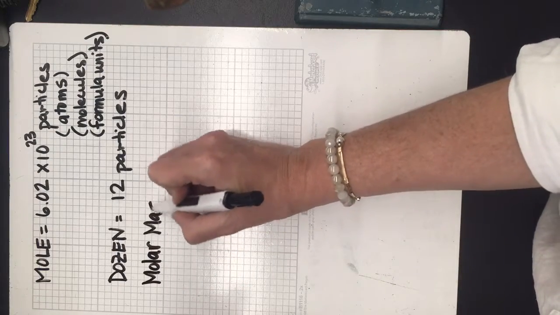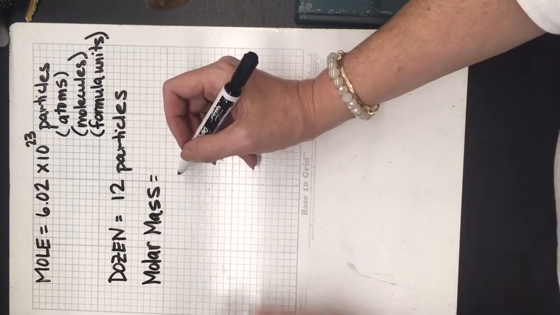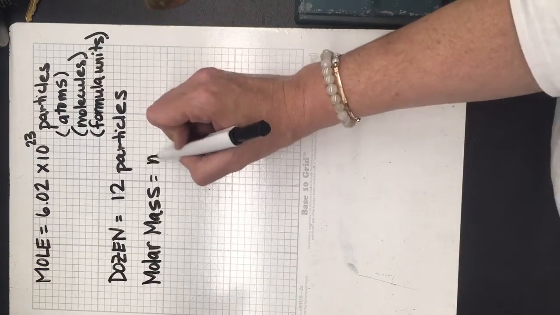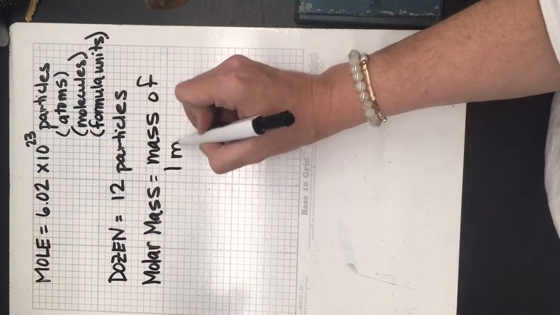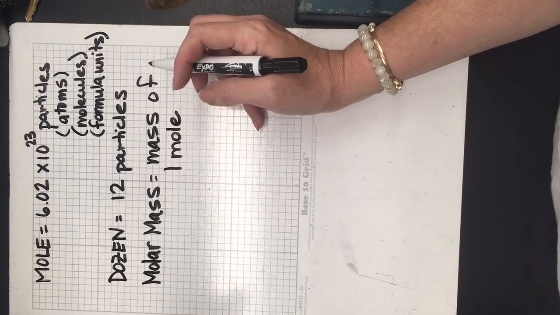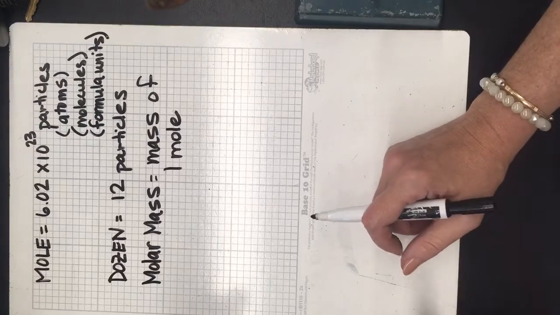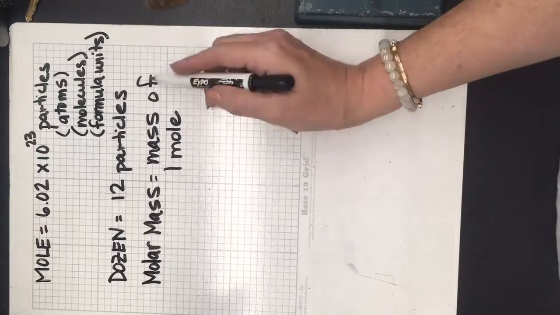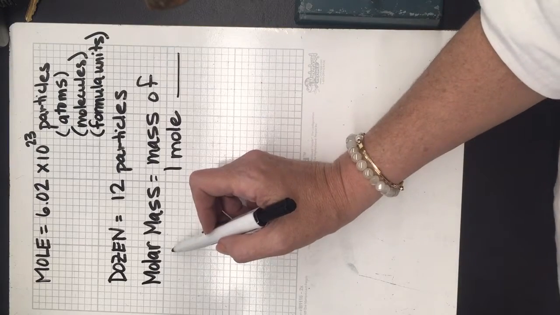And molar mass is just exactly what the word sounds like. Molar mass is the mass of 1 mole of atoms, or 1 mole of molecules, or 1 mole of that formula unit. So the mass of 1 mole of something is called its molar mass.